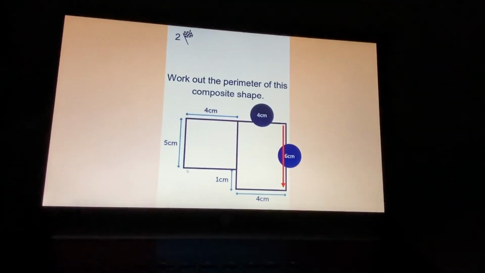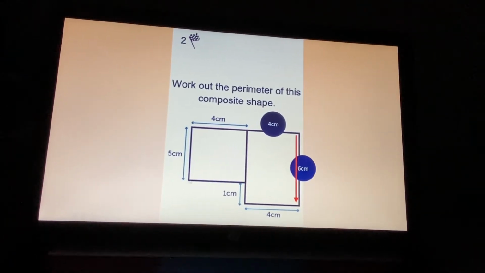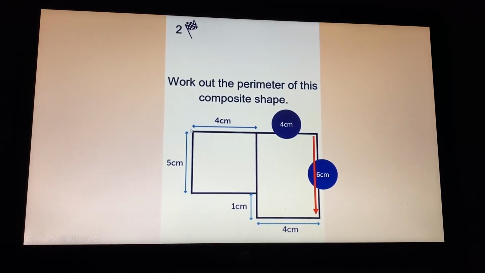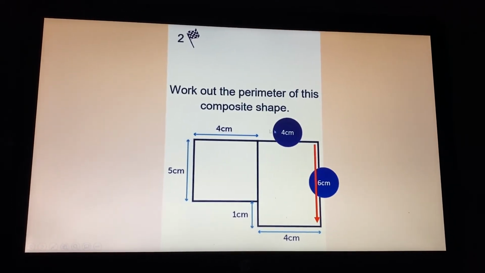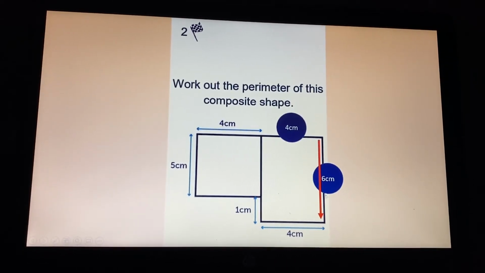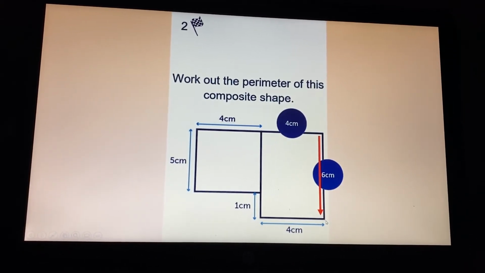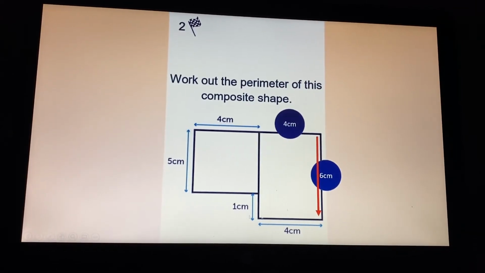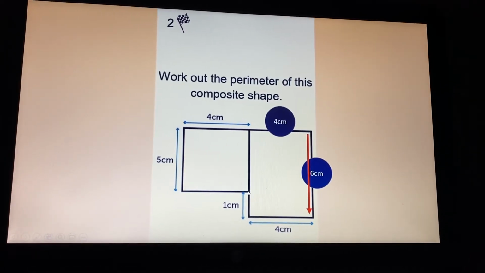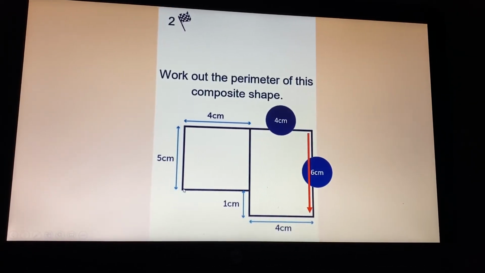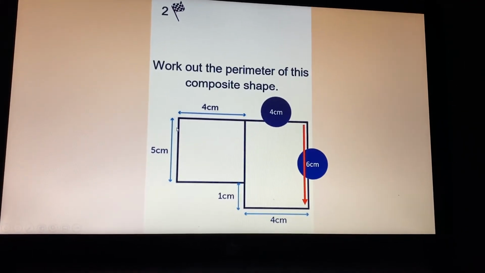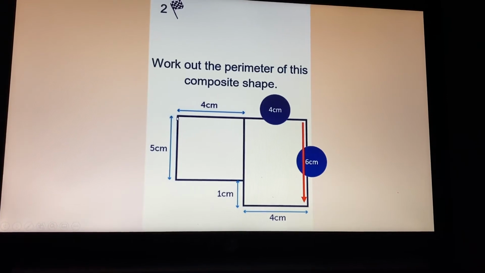We've already spoken about the fact that that would be 4 centimetres there. And therefore we can obviously work out the perimeter. So we can go this way round. 4 plus 4 is 8 centimetres, plus 6 is 14 centimetres, plus 4 is 18 centimetres, plus 1 is 19 centimetres, plus 4, 23 centimetres, and plus our 5, 28 centimetres.